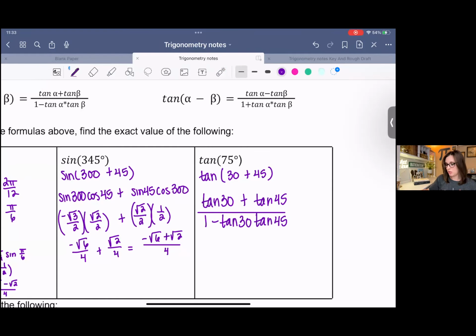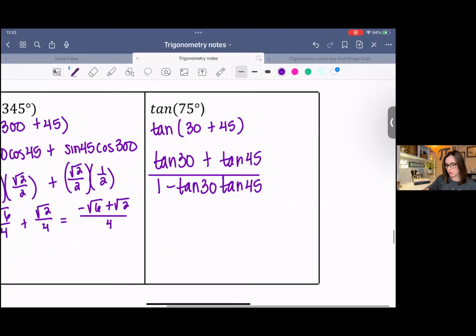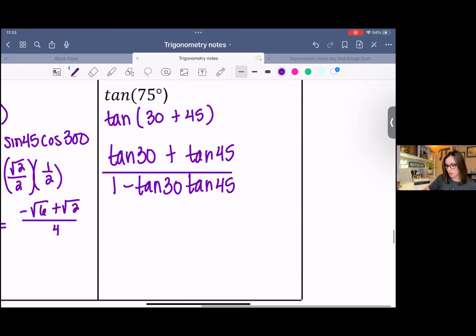And then we just substitute what those values equal. Tangent of 30 is root 3 over 3. Tangent of 45 is 1. And then we have 1 minus root 3 over 3 times 1. We're going to have to do some simplifying here. Let's get a common denominator.